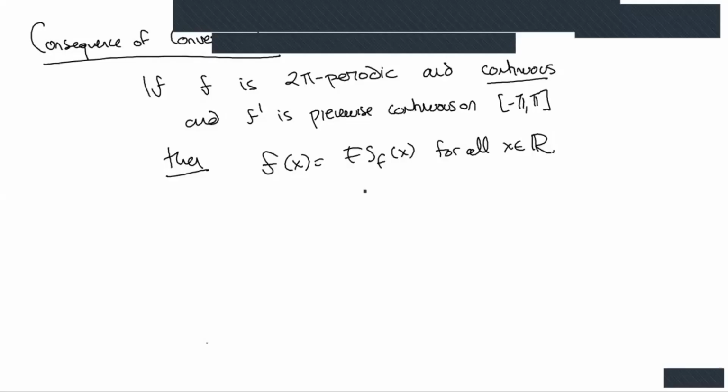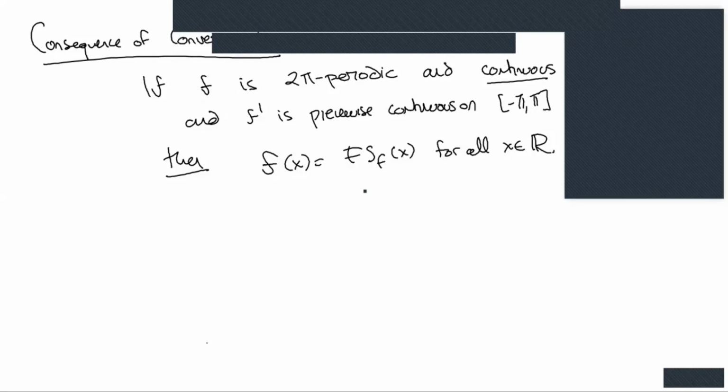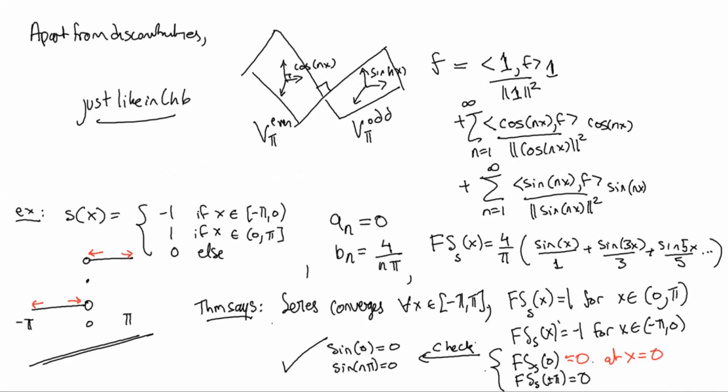Somebody asked, it can never be perfectly square, right? Slightly rounded at the corners. Yes, that's correct, because anything we actually plot is only going to be a few finite terms of the series, right? We're never actually going to be able to take an infinite sum. You can't actually do anything infinite in real life, right? So if you look at this infinite sum over here, the key is this Fourier series.